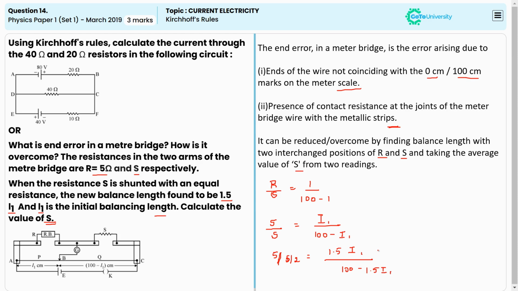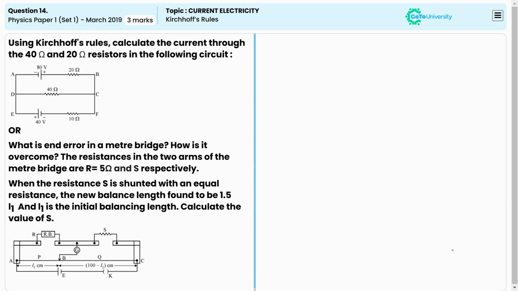Dividing the two, we will get the value 2 is equal to 1.5 I1 divided by 100 minus 1.5 I1, into 100 minus I1 divided by I1.